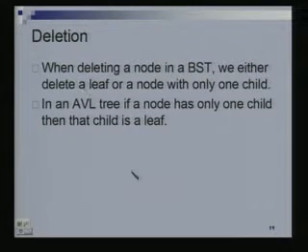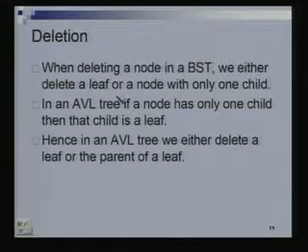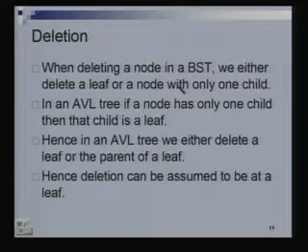When I am deleting in an AVL tree, I am either deleting a leaf or I am deleting the parent of a leaf. If I am deleting a node with only one child, then it is the parent of a leaf. If I am deleting the parent of a leaf, I can think of it as if I was deleting the leaf and copying the content of the leaf into the parent. So I can always think of it as if I am deleting a leaf. Let's just keep that in mind.